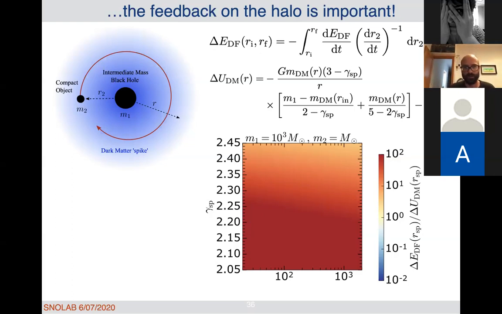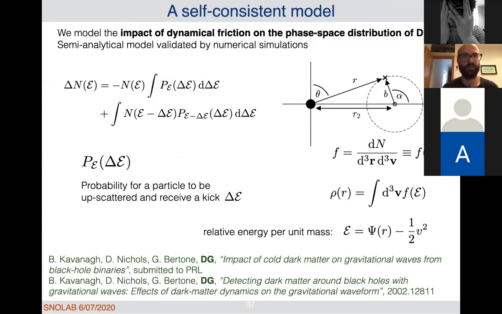So we realized that the feedback on the halo was really important, because the energy pumped into the dark matter halo was of order 100 times larger than the binding energy of a shell in this particular configuration. So yeah, this was interesting. So this motivated us to study the system with feedback. So it was something that was not done before in the literature.